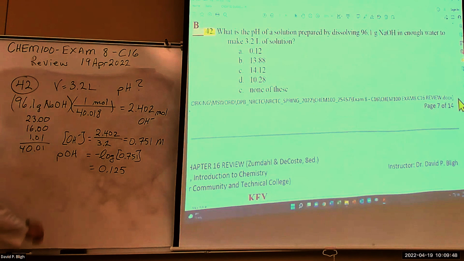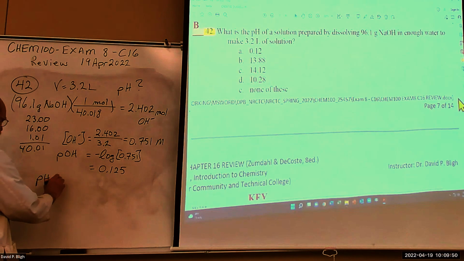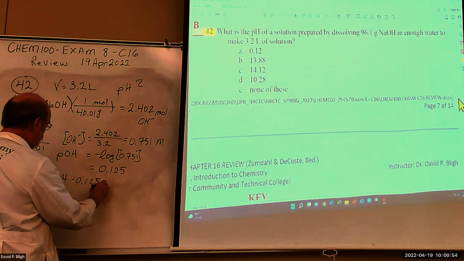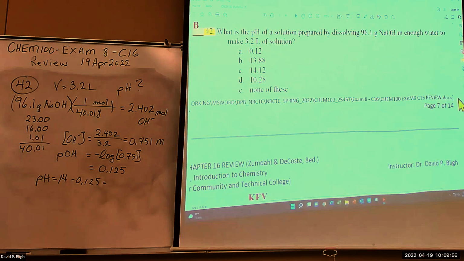That's the pOH. So the pH is equal to 14 minus 0.125. Let's see, 13.875.